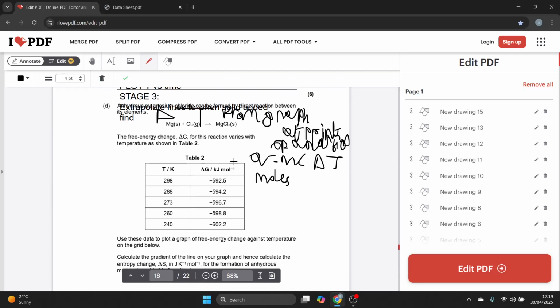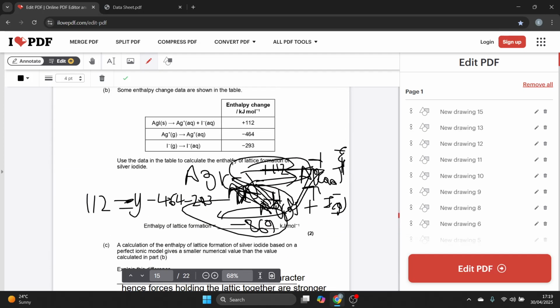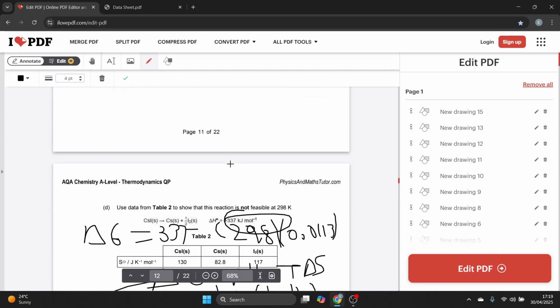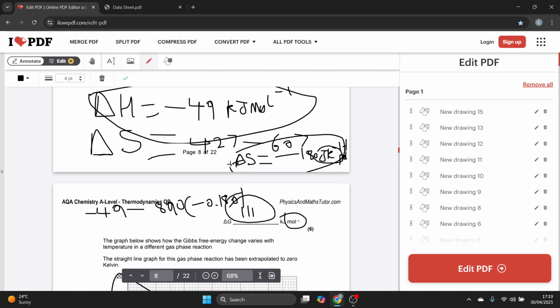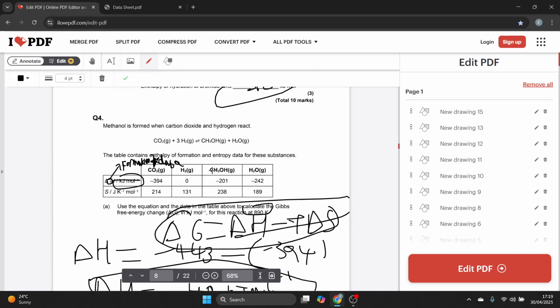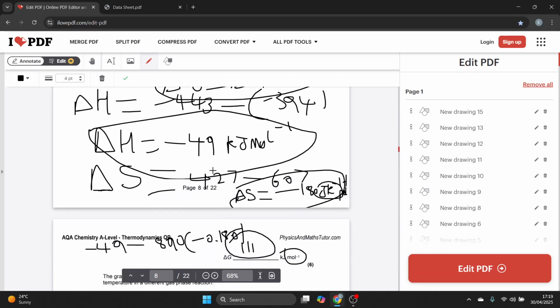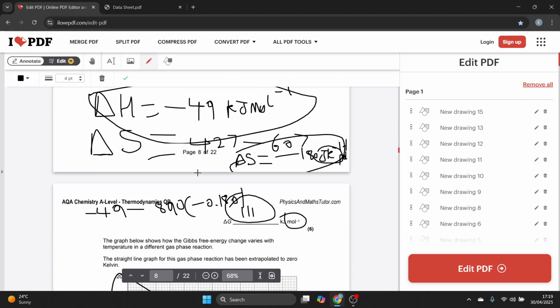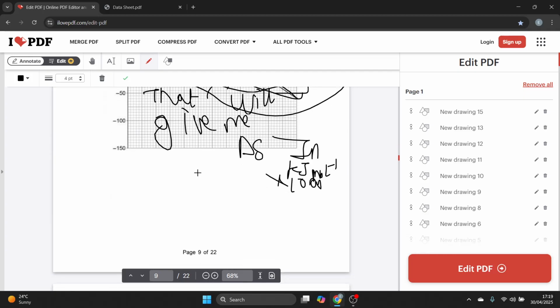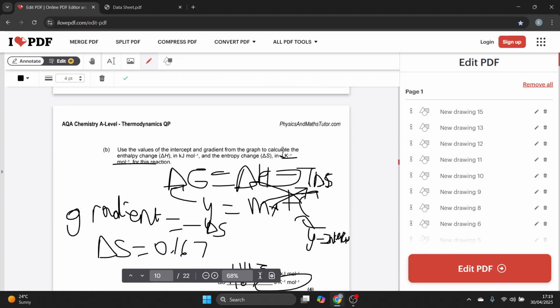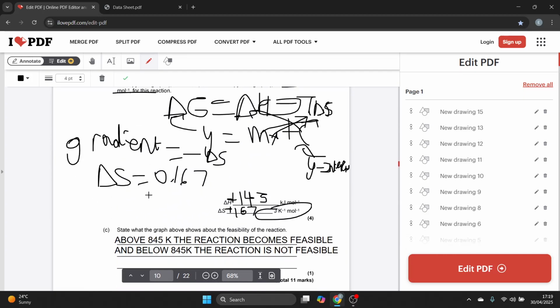If I scroll up a couple more, the same thing applied for one of these questions again here. Yeah, it was this one. But in this case, you need to times it by 1000 for part B. Sorry, you get delta S is 0.167.